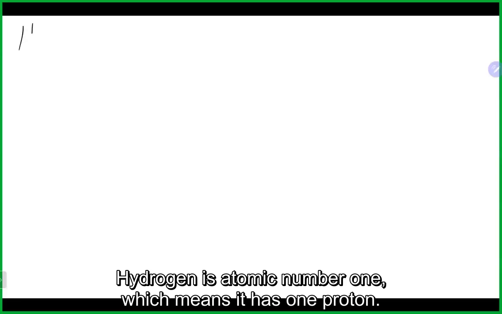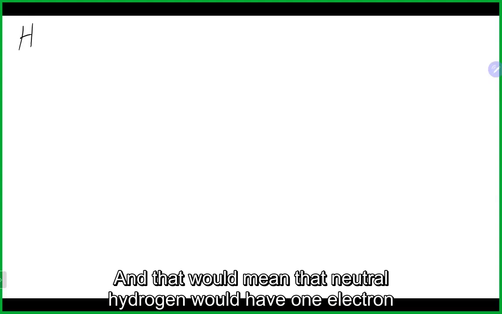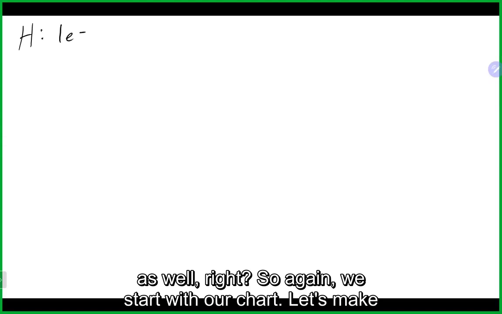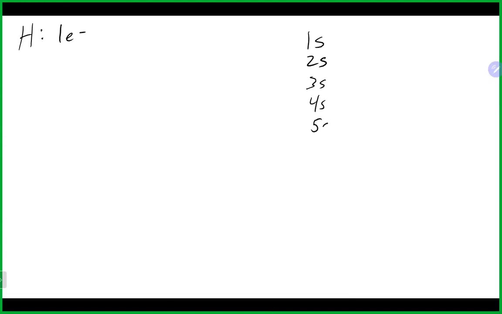Hydrogen is atomic number 1, which means it has 1 proton, and that would mean that neutral hydrogen would have 1 electron as well, right? So again, we start with our chart.